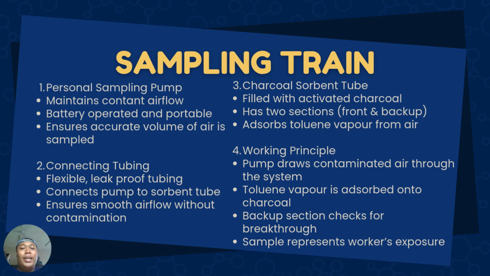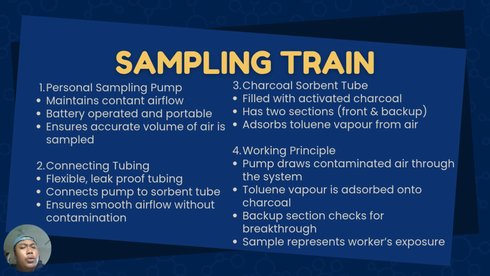The sampling train is used to collect airborne toluene directly from the workers' breathing zones. The pump is calibrated to maintain a consistent flow rate, which is important for accurate measurements. The tubing must be airtight to prevent a leak that could affect results. The charcoal tube is the key component.